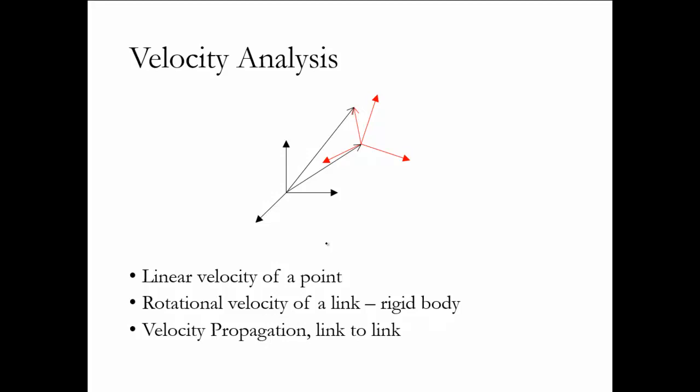And rotational velocity is generally for a link rather than for a point, because a point doesn't have any significance to rotation. So generally whenever we talk about rotation, it's for a rigid body or for a link. And the linear velocity of a point, or the point velocity, would refer here to the origin of the link in general for our case.